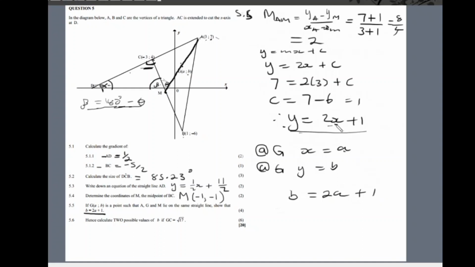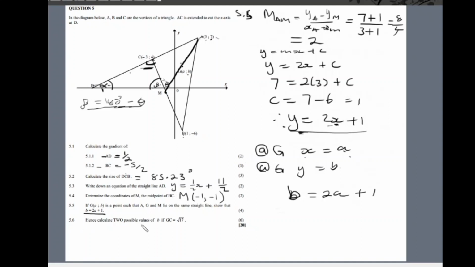If you substitute, because at G x is a, I'll put a there. And because at G y is b, I'll put b there. I hope that makes sense. Therefore, this proves that b is equal to 2a plus 1. Okay, so we have shown that b is equal to 2a plus 1.